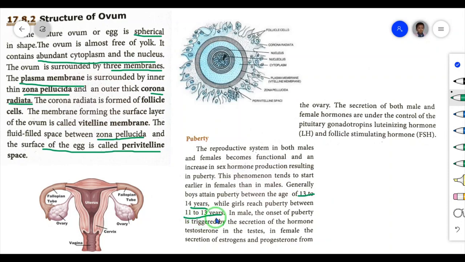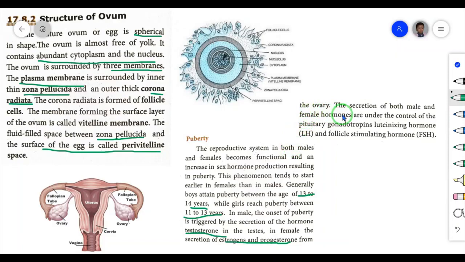In males, the onset of puberty is triggered by the secretion of the hormone testosterone in the testis. In females, estrogens and progesterone are secreted from the ovary.